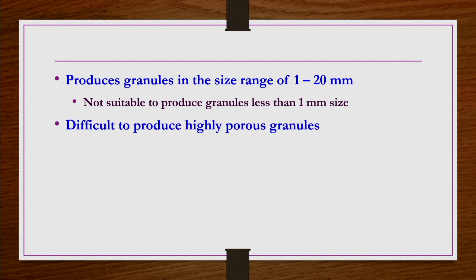They are very difficult to use for producing highly porous granules, because in this continuous or batch process, spraying of solutions or binders is done. When particles come in contact with the binders, the interstitial spaces between the particles are thoroughly occupied by the binding material. Because of that, getting a porous structure is a bit difficult with tumbling granulators.